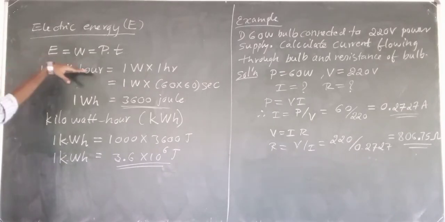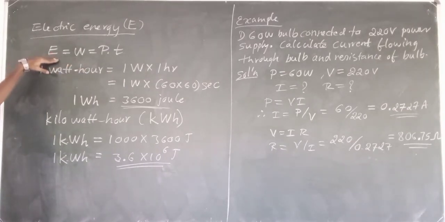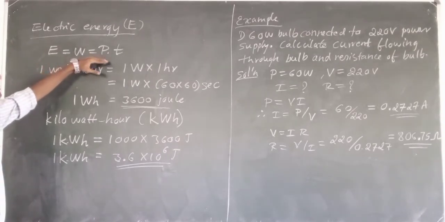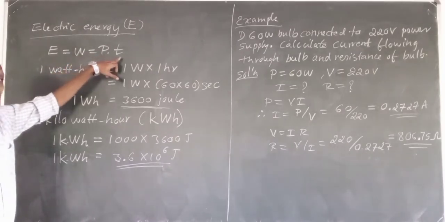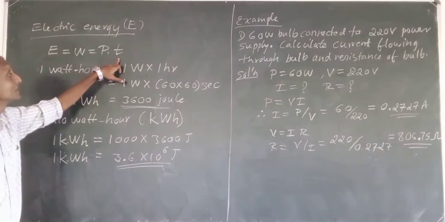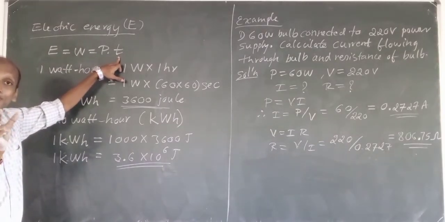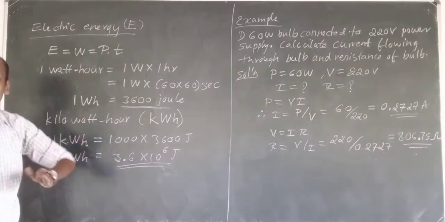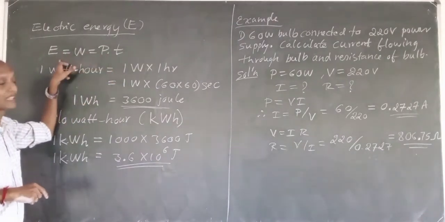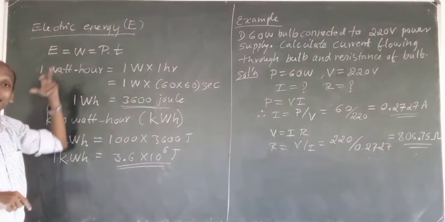E is equal to work done, that is, electrical energy and work done both mean the same, that is equal to P into T, power into the time or duration. For what duration of time we have used this much power will give us the electrical energy consumed.